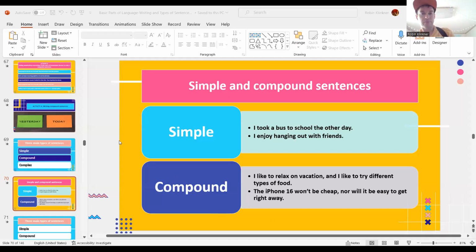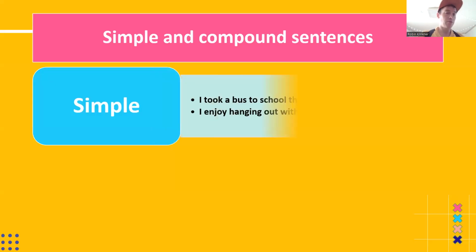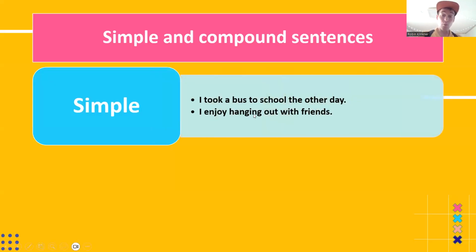Okay, let's review very quickly the difference between simple and compound sentences. Okay, better, cool. So simple sentences, one independent clause. I took a bus to school the other day. I enjoy hanging out with friends. So these are simple sentences, just an independent clause.